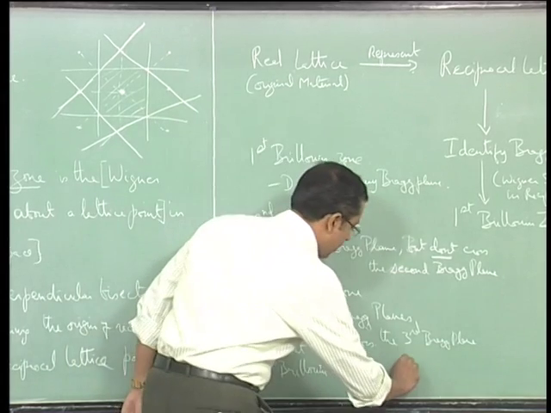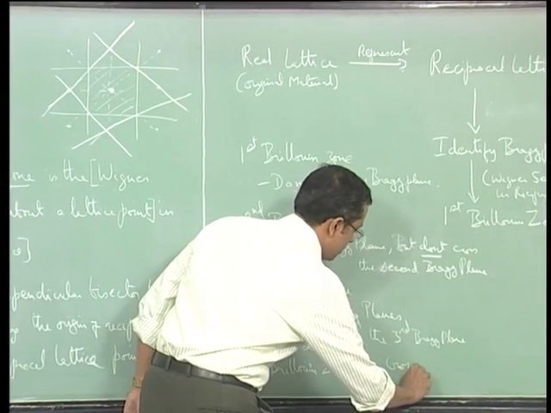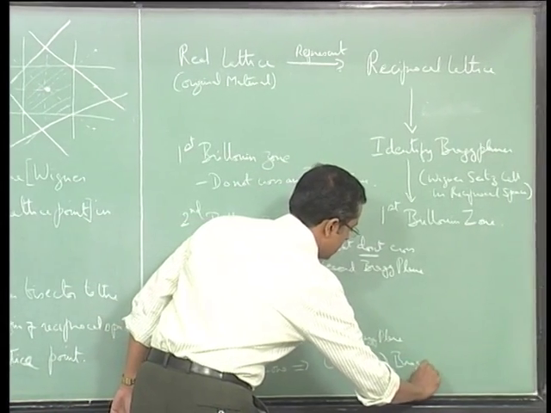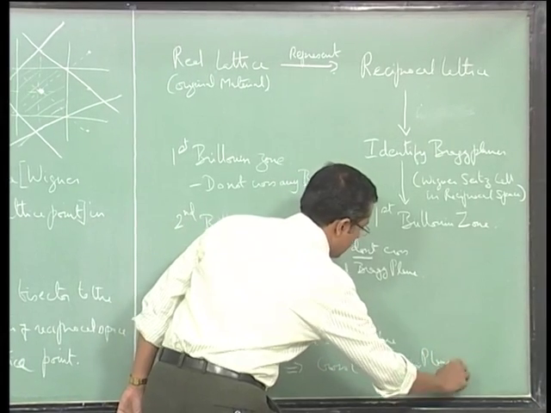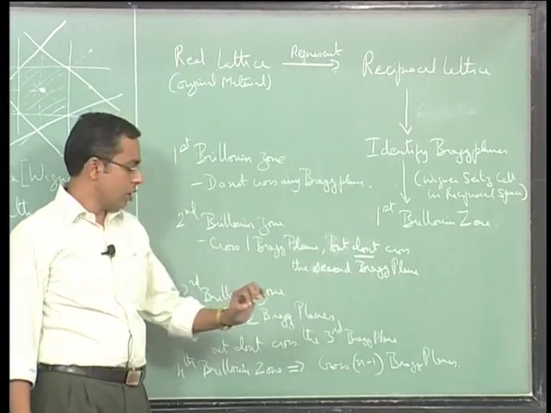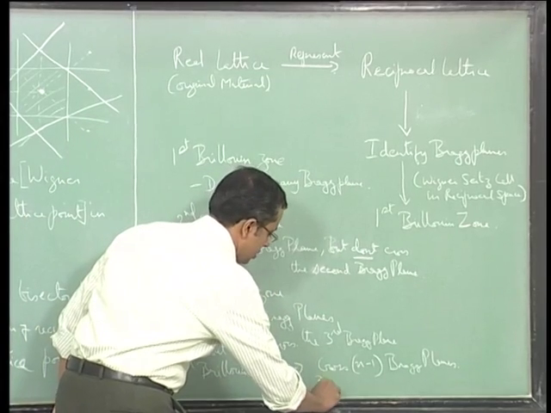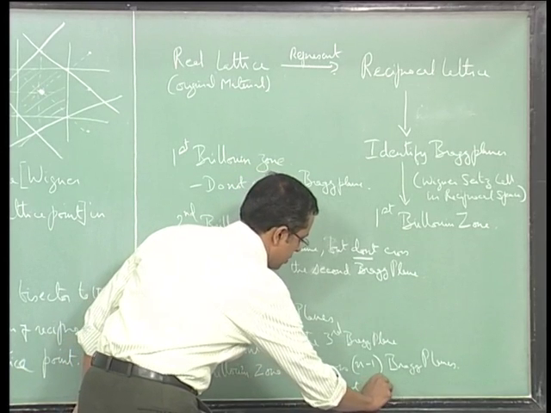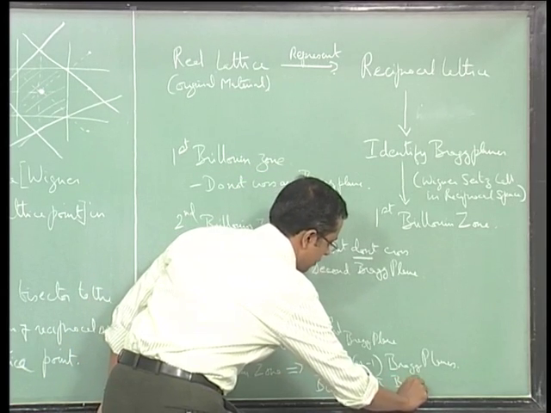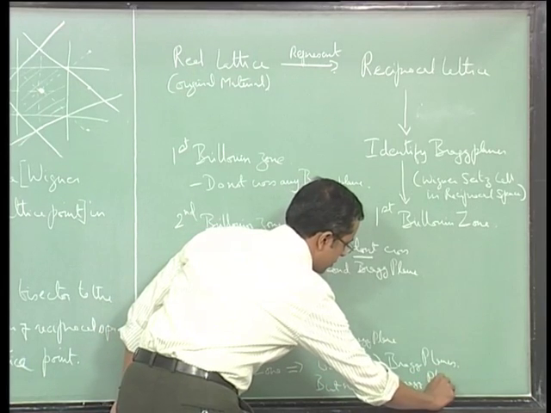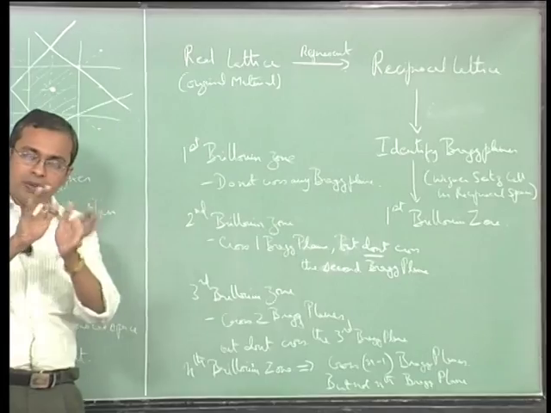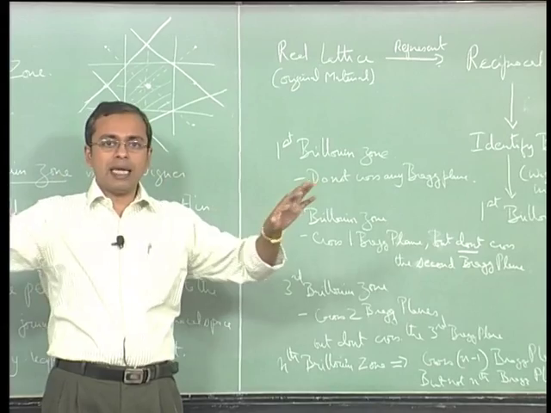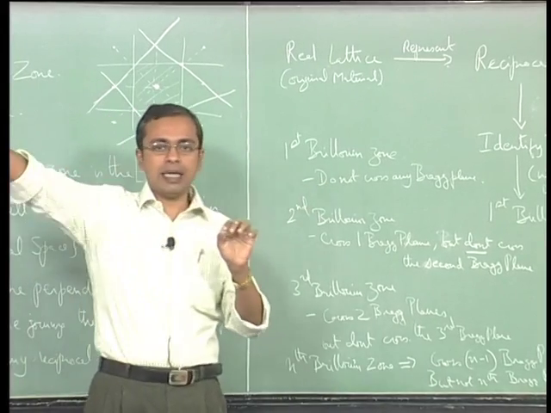You will cross n minus 1 Bragg planes, but no more, okay, not more than that, but not the nth. In other words, it is the region between the n minus 1th Bragg plane and the nth Bragg plane, right, except that you can do this in all directions, okay. So you can start from the origin and just head off in any direction that you wish.